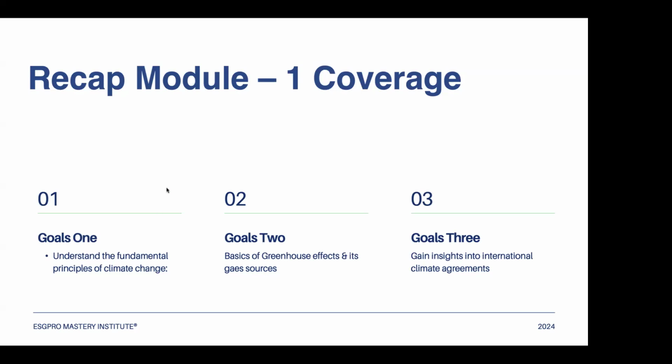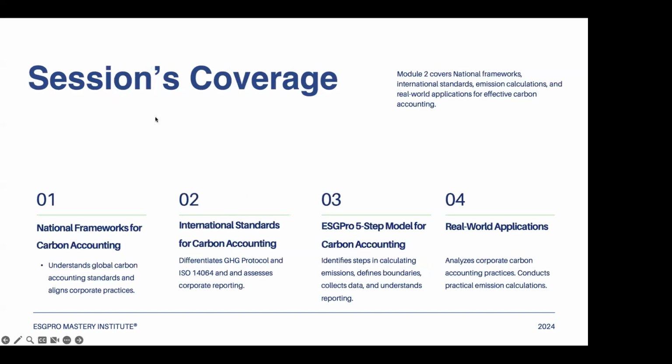So today's session, module 2, will cover the national framework and international standards, specifically related to greenhouse gas emissions. So emission and emission calculation will be our central theme. We will look into real-world application first, and then we will go into the theory part, where we will learn how to calculate it.